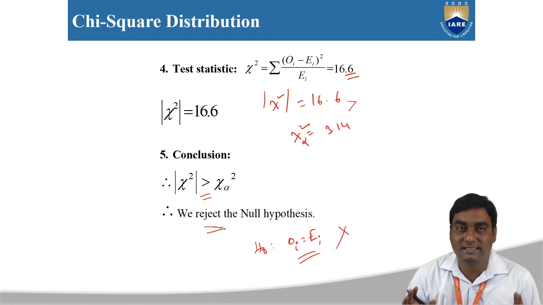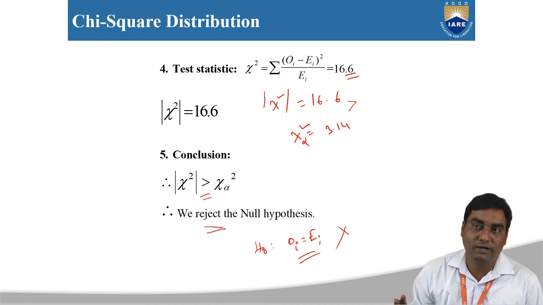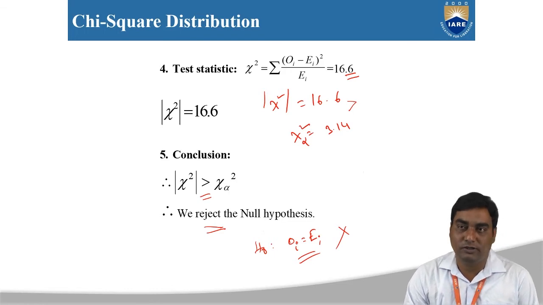If the problem consists of a table format, which is nothing but chi-square test for independence of attributes, we find the expected frequency by using the formula: corresponding row total into corresponding column total by grand total.